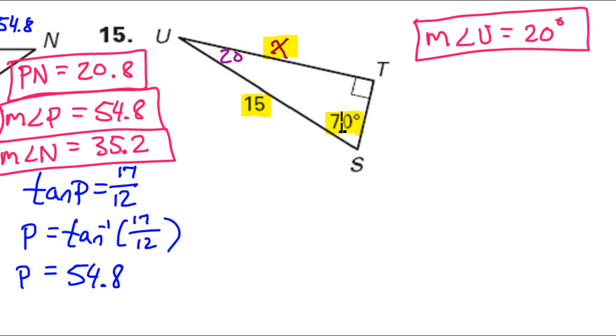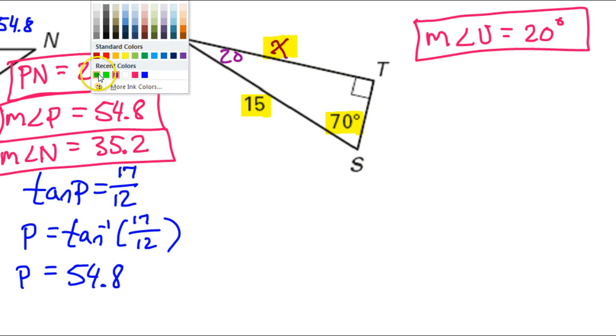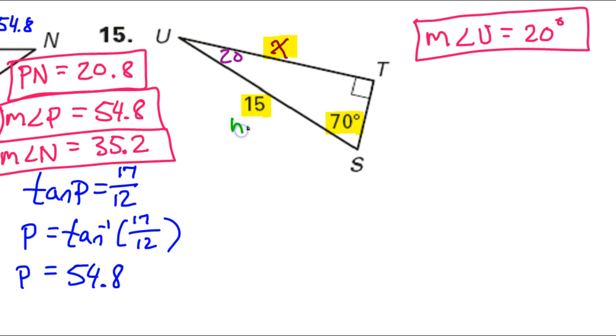But I like to use the numbers that they gave me in the first place as much as possible. So looking at these 3 things, are either one of these the hypotenuse? Well, yes. The 15 is the hypotenuse. Let's label that up. That's the hypotenuse.